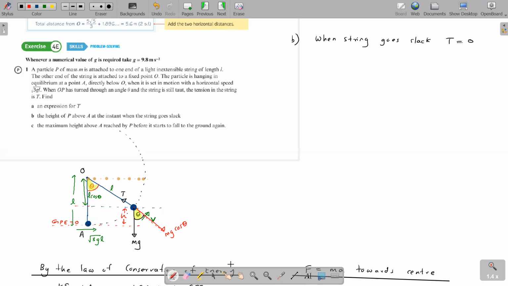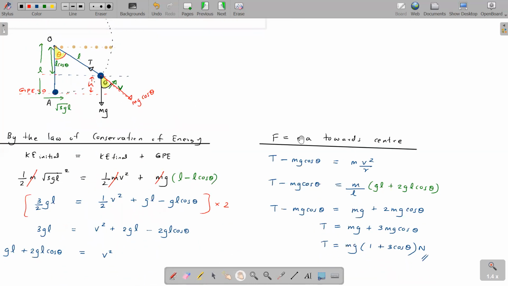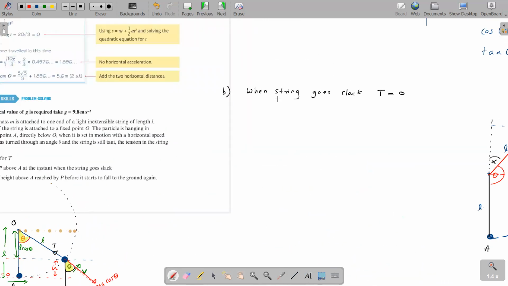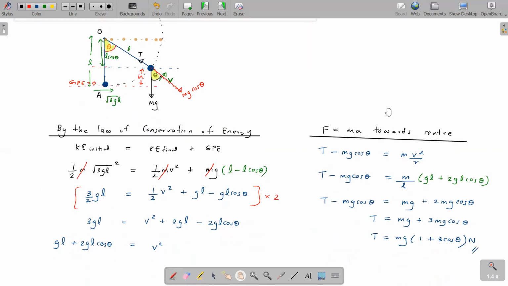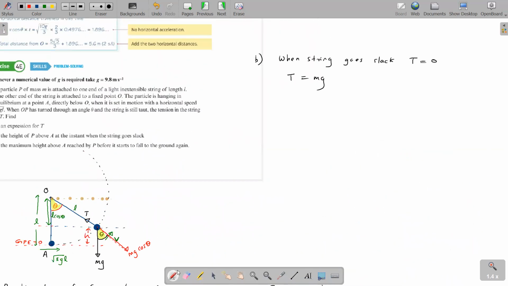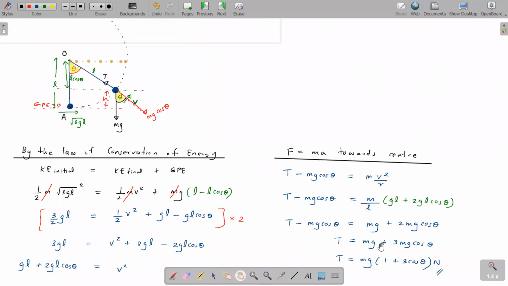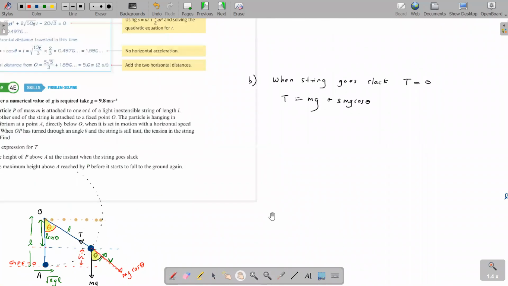So let's write T equals mg plus 3mg cos theta, the expression we got before the last. So when the string goes slack, tension becomes 0.